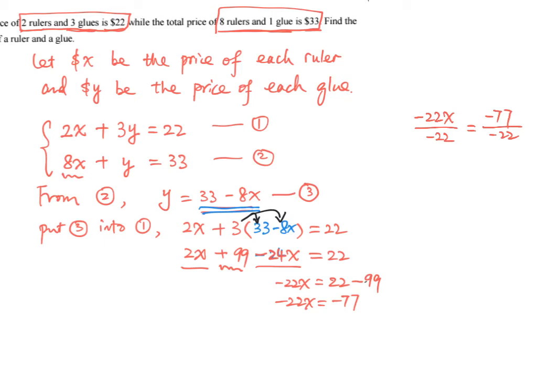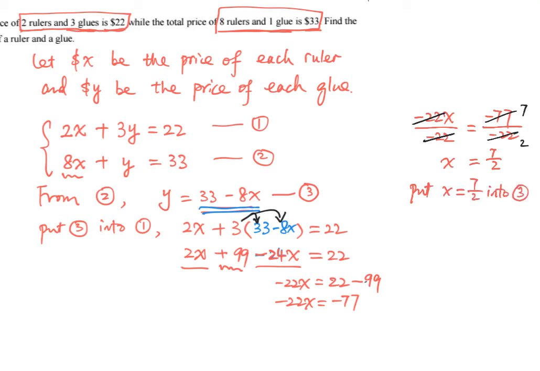So the 22 can be cancelled, and the left hand side is X. On the right hand side, it can be cancelled by dividing by negative 11, so this gets 7 over 2. So the answer is 7 over 2, which is 3.5, or you can write 7 over 2.